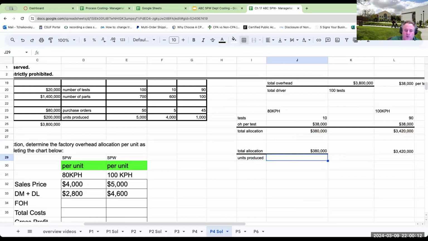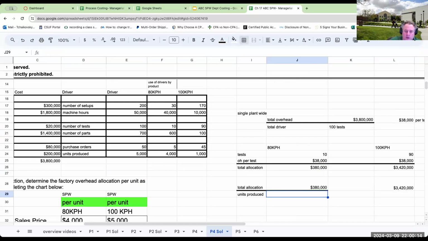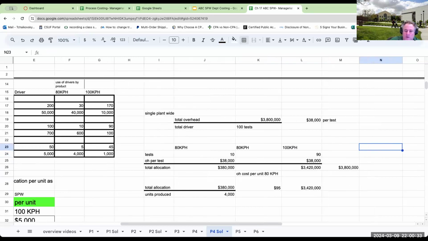My units produced for the 80 kph was 4,000. So my cost per unit is going to be 85. For the 100 kph, I'm going to do the same for my overhead cost per unit.